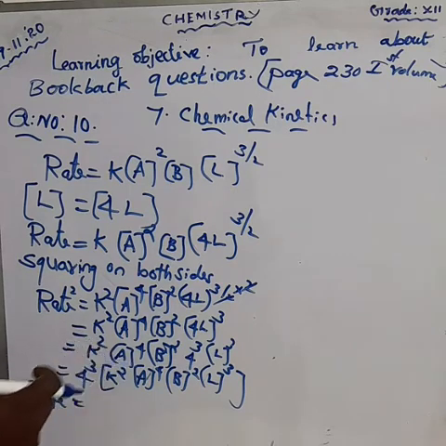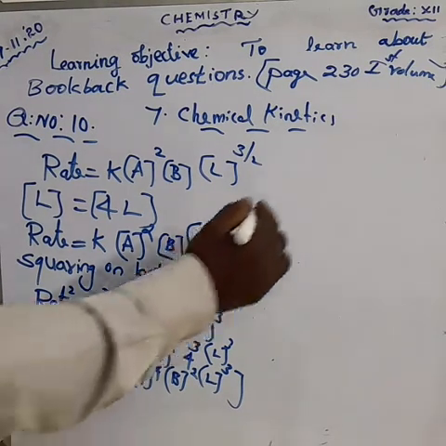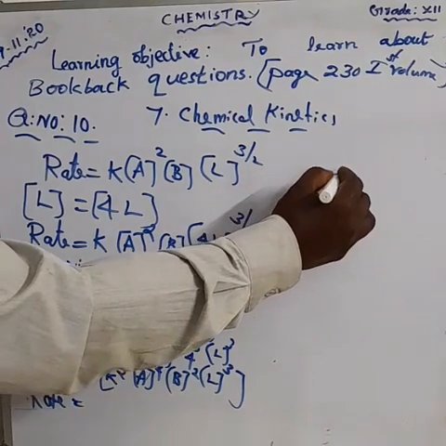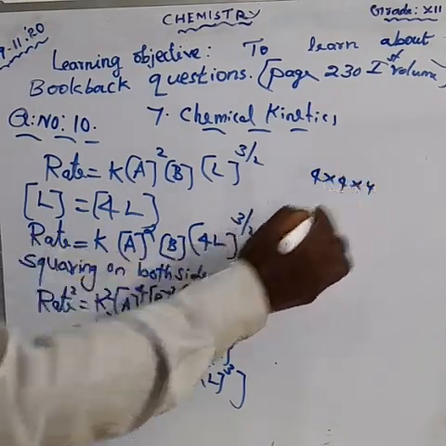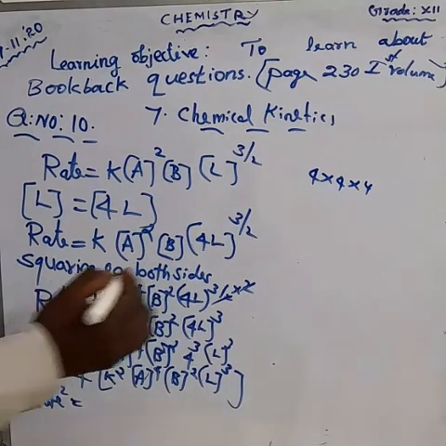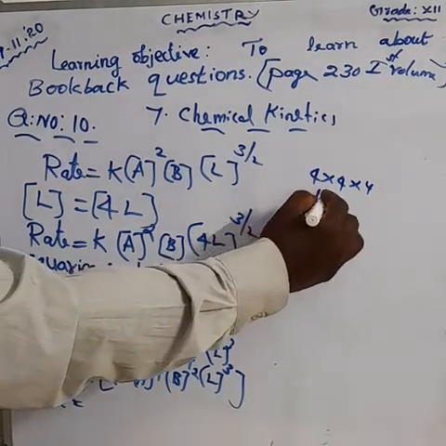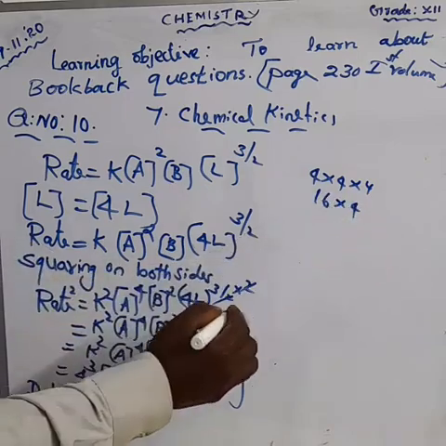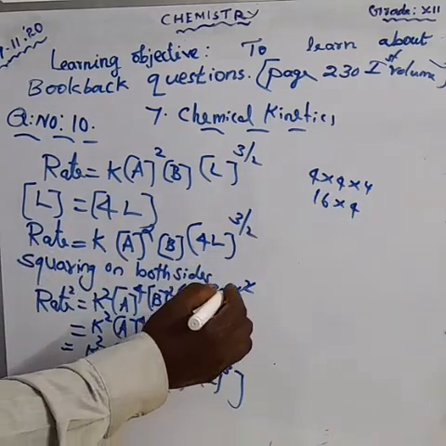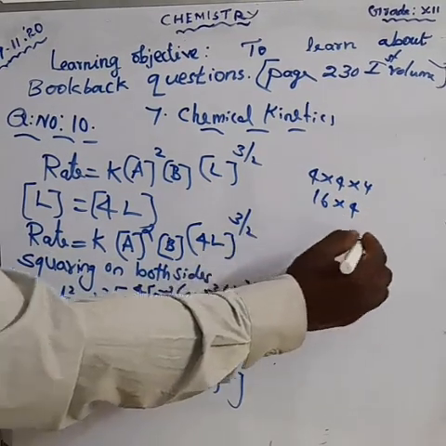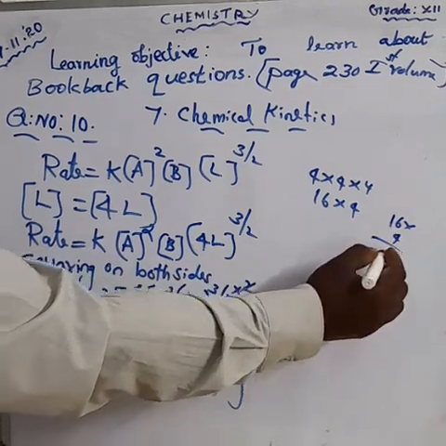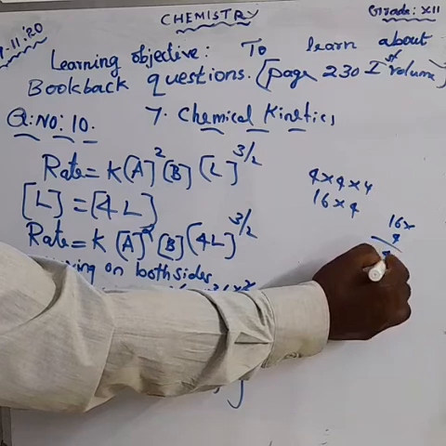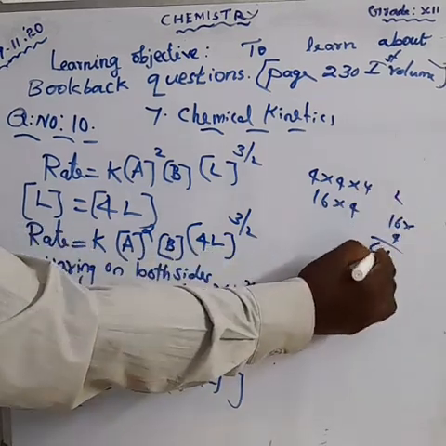Then rate square is equal to, what is about the 4 cube? 4 cube. 4 into 4. Okay, 4 4s are 16. Am I right? 16 into 4. So what's the answer? 16 into 4? 4 into 4, 64.